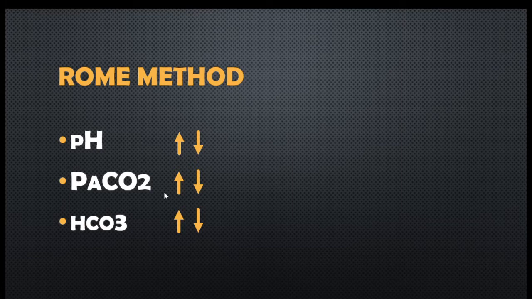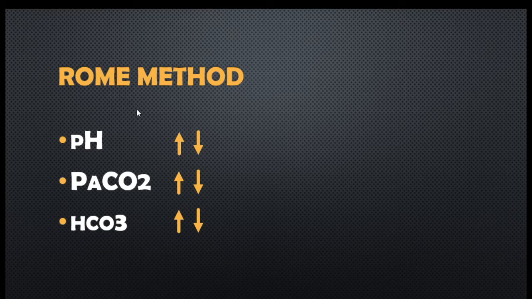But if you have equal or the same arrows for your pH and bicarbonate, for example, increasing pH and increasing bicarbonate, always look at that as a metabolic primary acid-base imbalance.